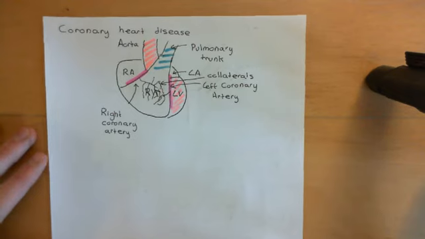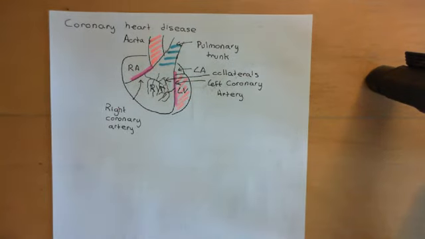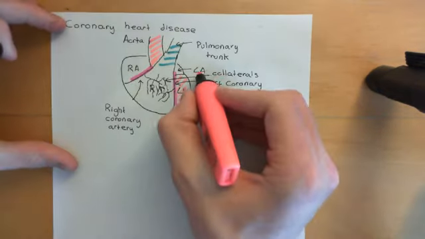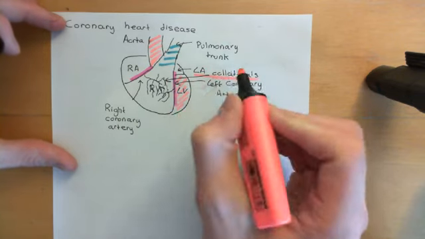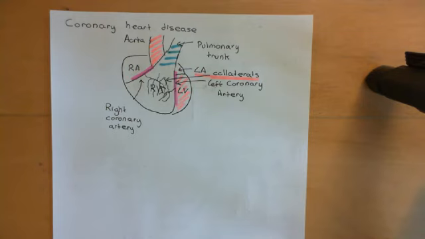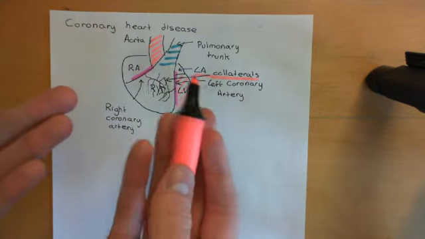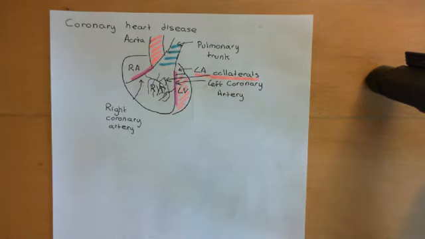So the idea is we would like to form these collaterals, these connections between the circulation from different coronary arteries, basically, here, okay, in order that you can receive blood from other coronary arteries if one of your coronary arteries has got an occlusion in it.